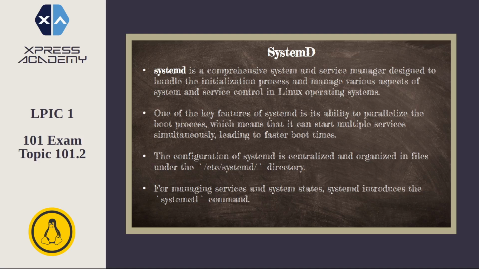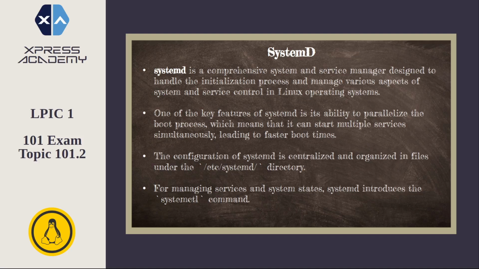In terms of logging, systemd incorporates a journal system that stores logs in binary format. This format facilitates efficient searching and analysis of the system log. The journalctl command is used to query and view the logs managed by the systemd journal system. Systemd integrates with control groups, or cgroups, a Linux kernel feature for managing and isolating resource usage of processes.